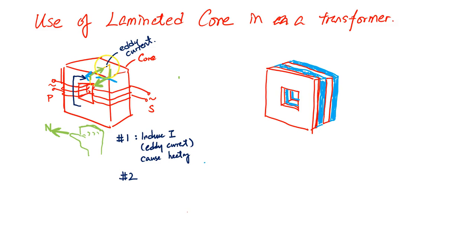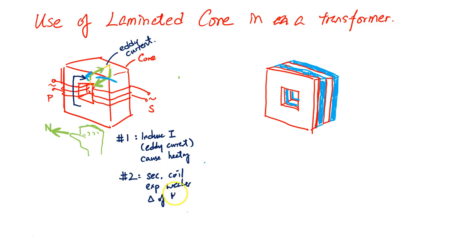The eddy current would produce a magnetic field line that opposes this. So the magnetic field produced by the primary coil is weakened, and as a result, your secondary coil will experience a weaker change of magnetic flux and hence a lower induced EMF. So disadvantage number two is that, as a result of this eddy current, the secondary coil will experience a weaker change of magnetic flux.